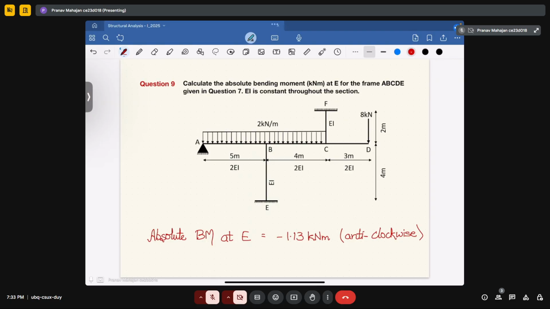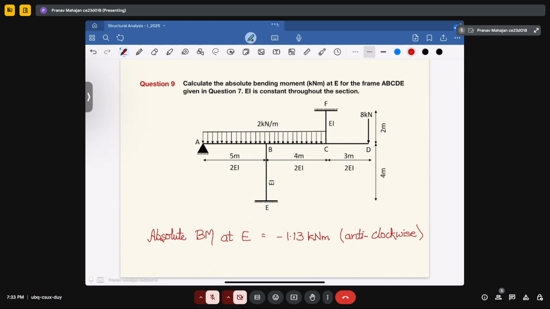Then we have seen how we can distribute them along the span, so for that we have determined the distribution factor. After determining the distribution factor and calculating the fixed end moment for each span, we have utilized the concept of moment distribution method for each span, and then we have calculated the absolute bending moment at each joint of the span.